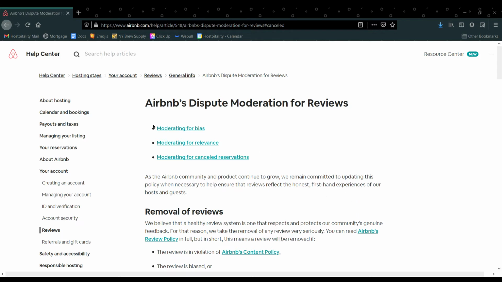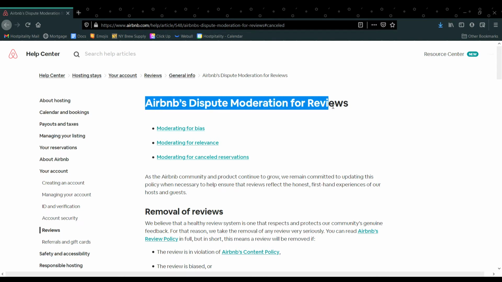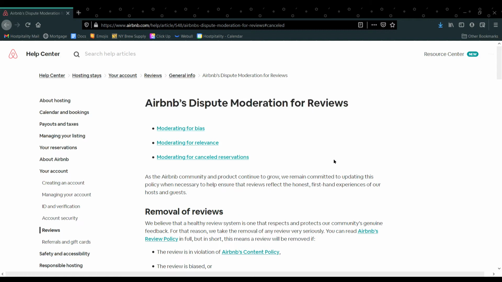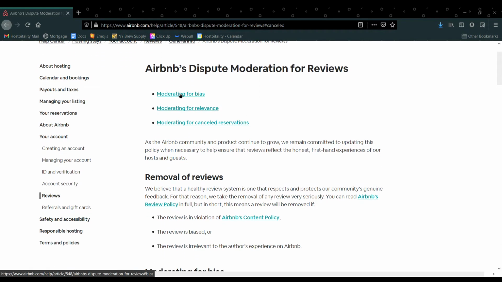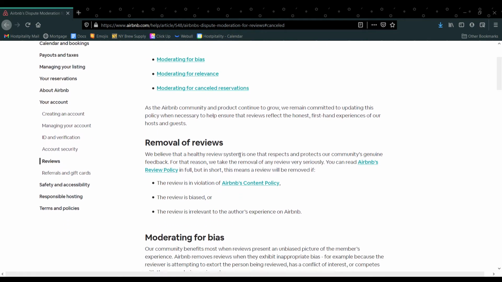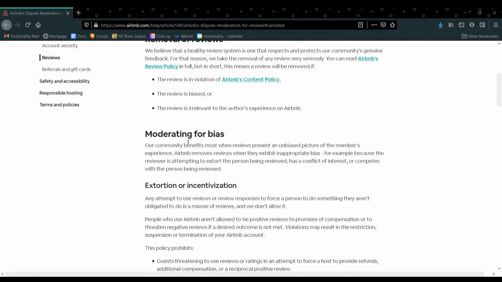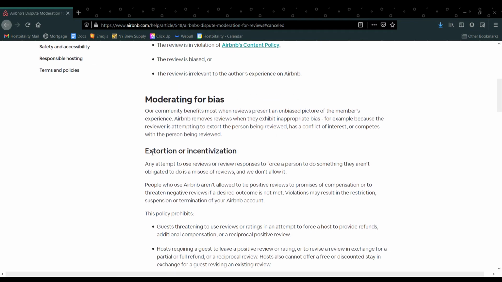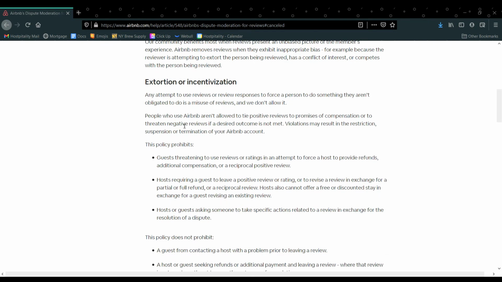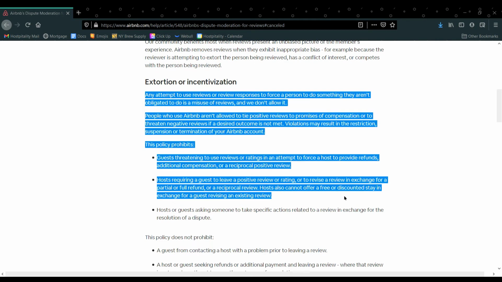This is Airbnb's way to provide their parameters and rules on moderating between the two parties for any review removals. They have three main categories: moderating for bias, for relevance, and for canceled reservations. In moderating for bias, you'll see there is extortion or incentivization. This is mainly what the old extortion policy had.